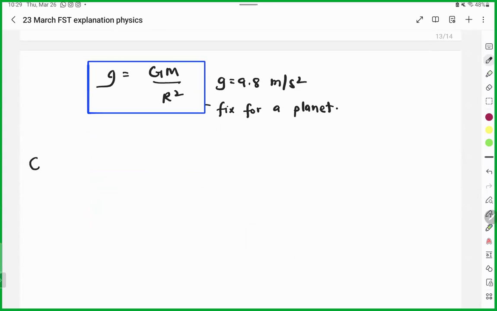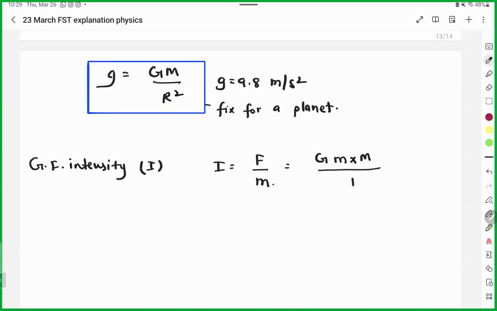And based on this, if you take gravitational field intensity, this gravitational field intensity is how much force you apply on a unit mass. So it will be G M1 M2 by r square divided by M2.